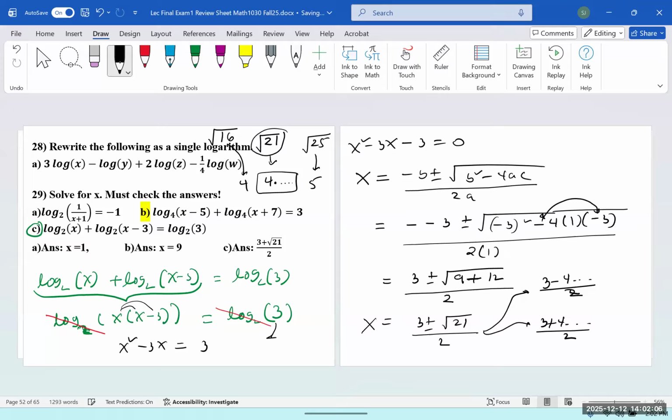Which one gives us the correct answer? The plus one, because this is 7 something over 2, and this is negative something over 2. We cannot have negative log. So correct choice is x equals 3 plus square root of 21 over 2.